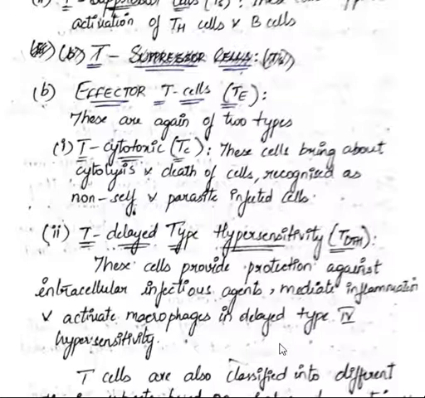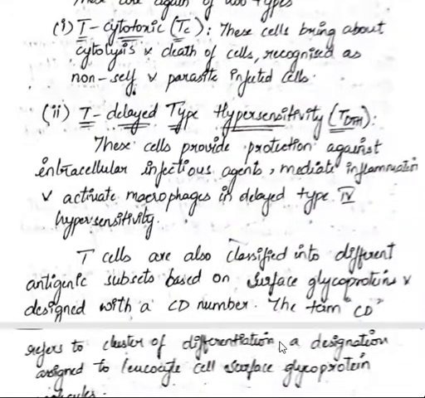Now the T cells are classified into different antigenic subsets based on their surface markers or surface glycoproteins, designated with a name called a CD number, that is cluster of differentiation number. You may have heard about CD8, CD3, CD4 cells. These are also types of T cells only.